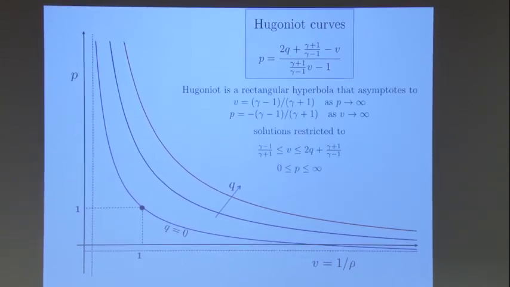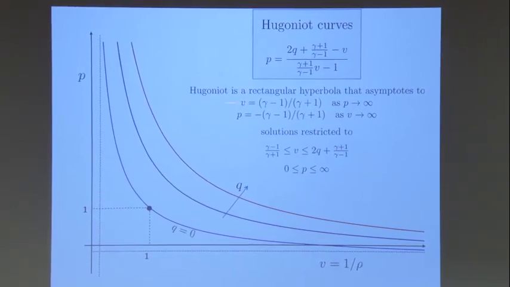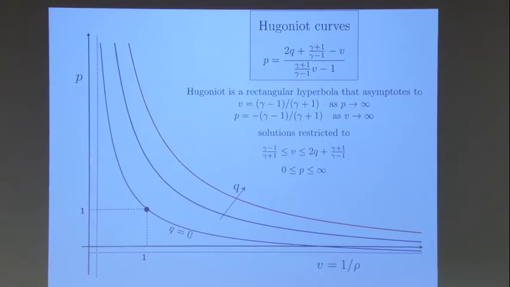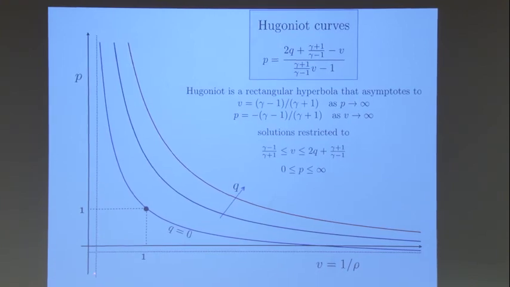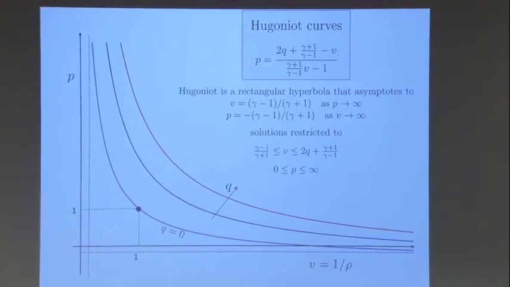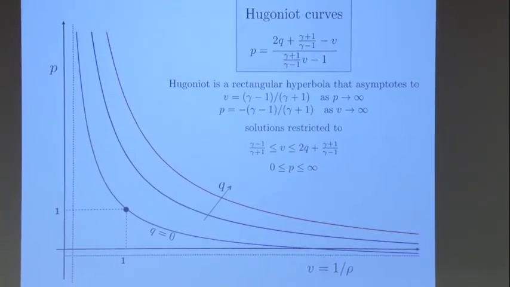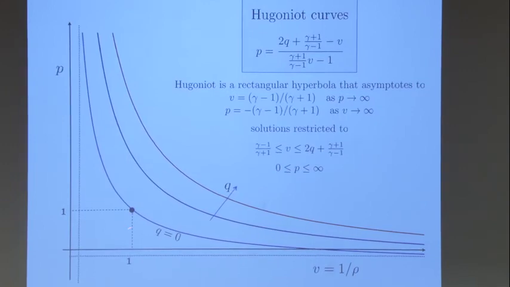The next thing is here are the asymptotes. When P goes to infinity, which is this dotted line here, V goes to this value. In other words, V can never be less than this value because clearly P cannot go more than infinity.